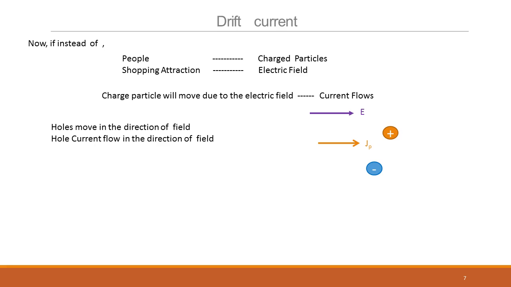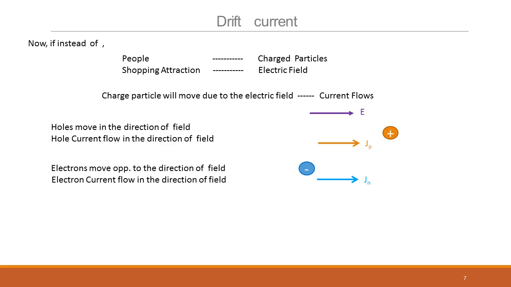How about an electron or a negatively charged particle? A negatively charged particle will move opposite to the direction of the field. It in fact moves from a lower potential to a higher potential, which means it's moving opposite to the direction of the electric field. What about the current?